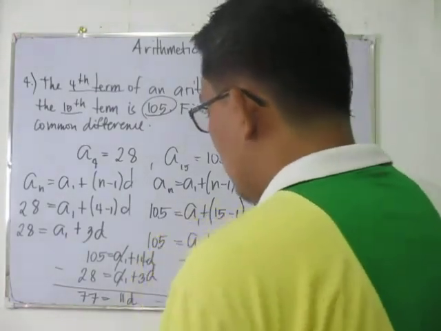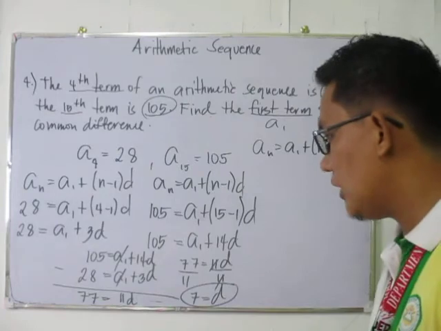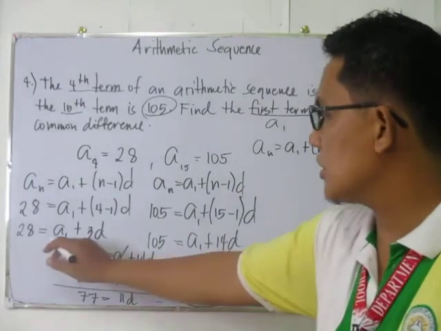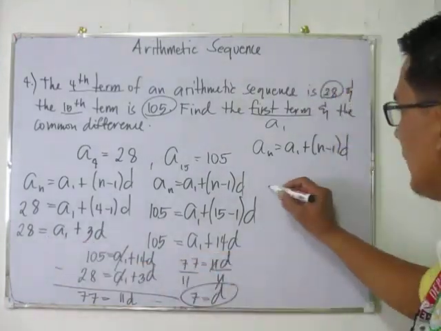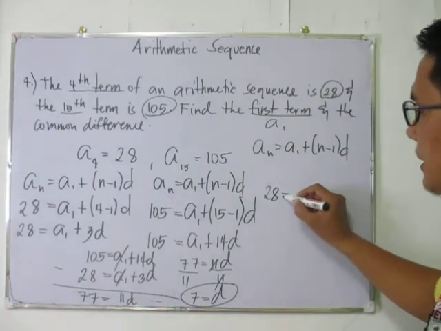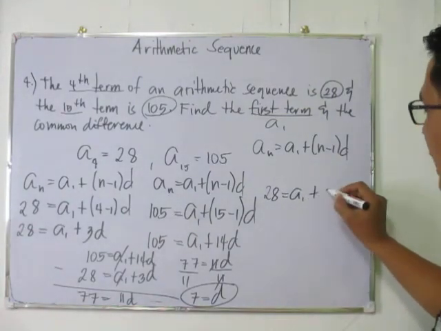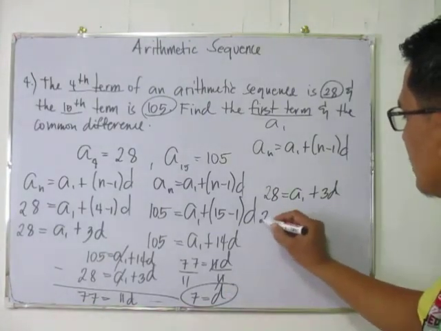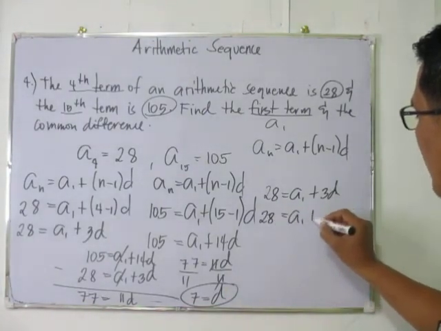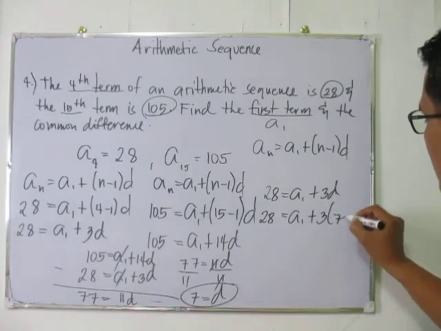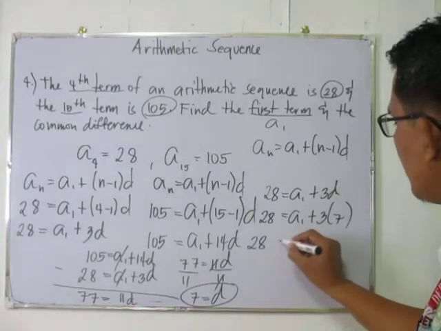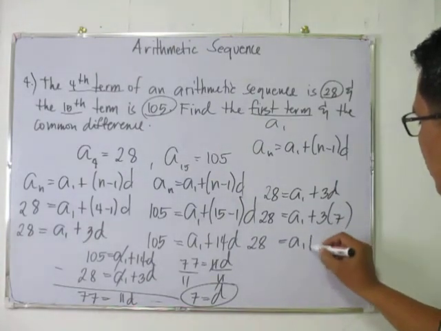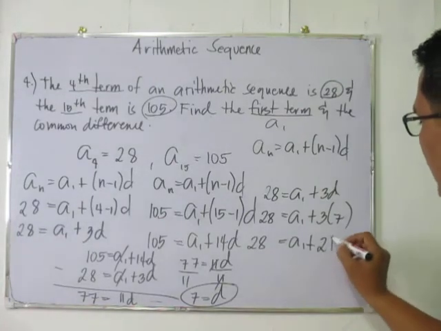So what we're going to do is use our common difference 7 to substitute into our first equation. So that is now 28 is equal to a sub 1 plus 3d, and d is now 7. So 28 is equal to a sub 1 plus 3 times 7. 28 is equal to a sub 1 plus 21.